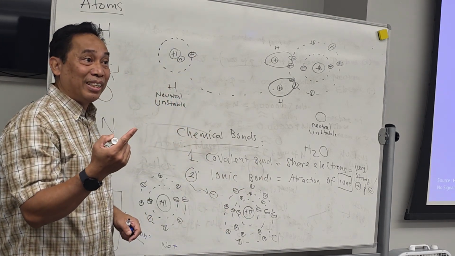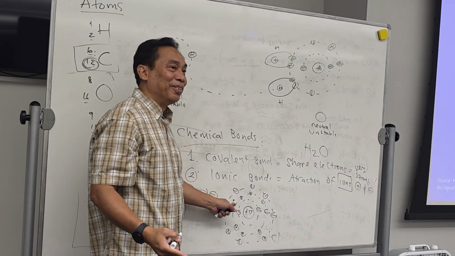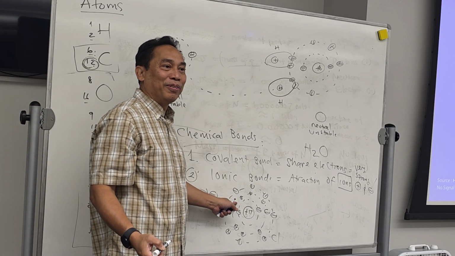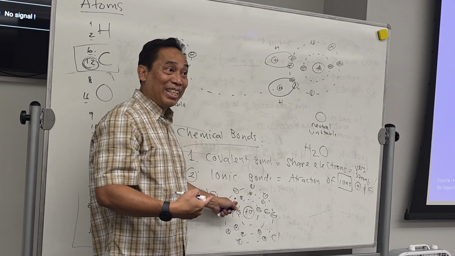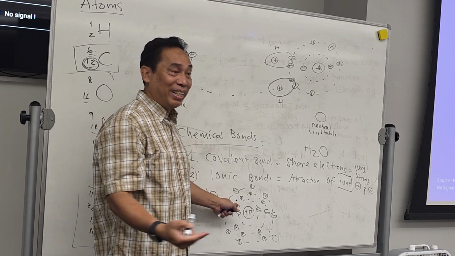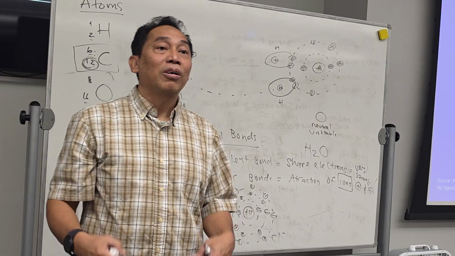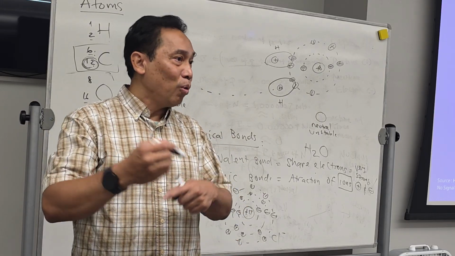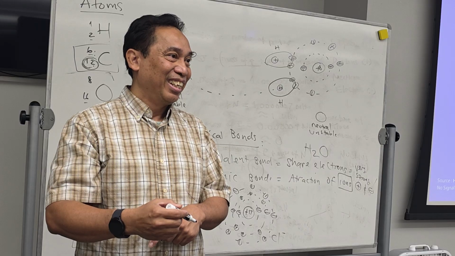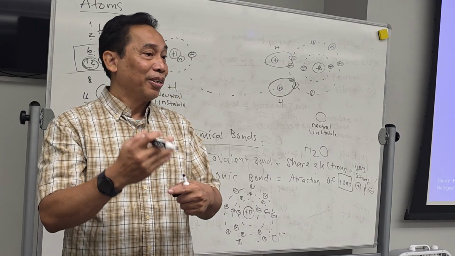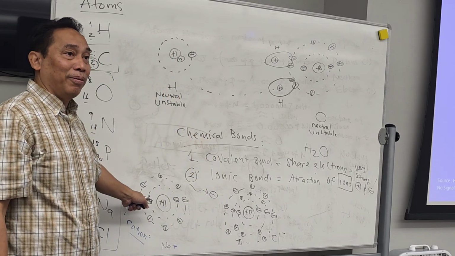Can you follow this? So what happened to this chloride now? Does it become positive or negative? Negative, because it gets 1 electron, right? Now it becomes chloride negative. This is what they call the chloride ion, which always carries negative charge. Are you with me? Because it gained 1 electron. This one lost 1 electron, right?